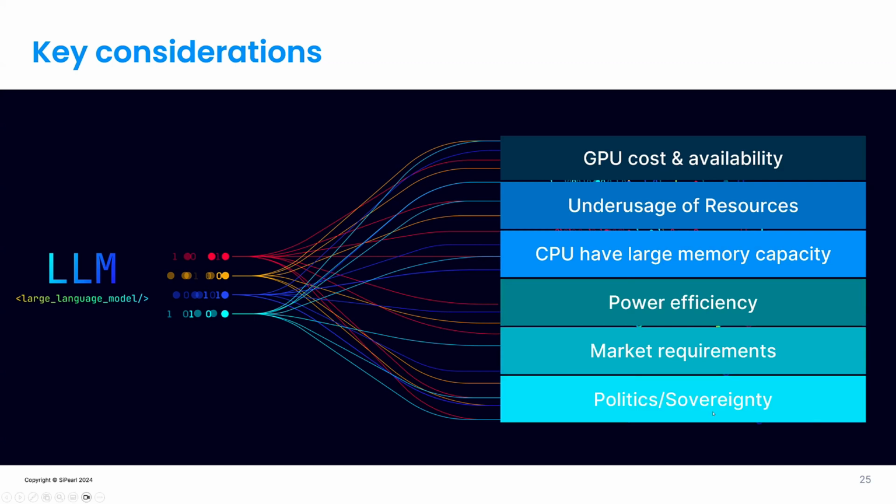And here we also have politics and sovereignty, which means that depending on who developed the LLM and where the data are stored, there may be some risk in terms of sovereignty. Because of that, we as Europeans need to develop our own LLM or platform and infrastructure in order to run everything here in Europe.